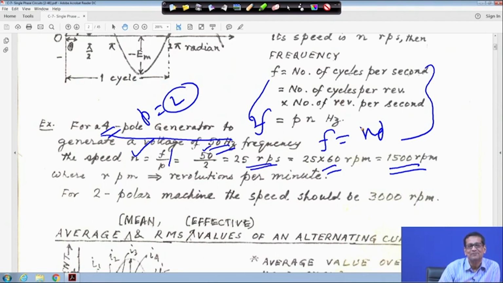Then we will come to the mean value and average value. This is an idea of how EMF is generated and how the load and other things are connected, which is beyond the scope at the first year level.